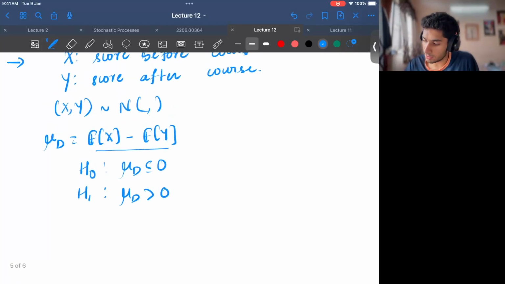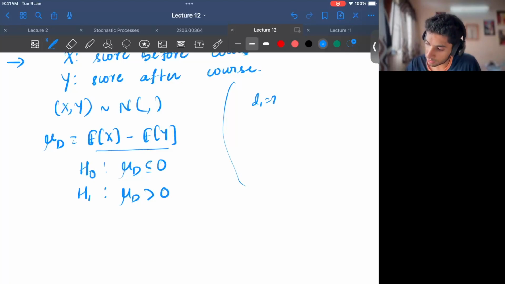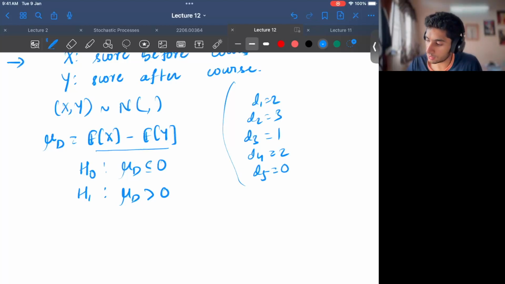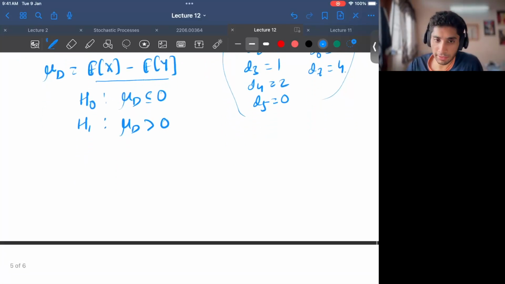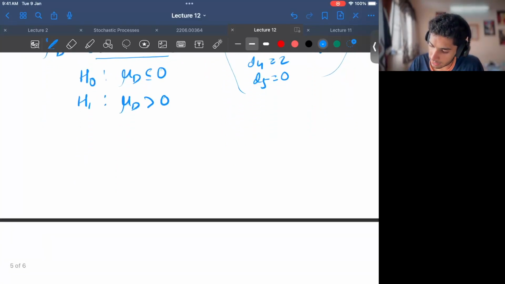Maybe I will write it down here. So what is the data? D1 is 2, D2 is 3, D3 is 1, D4 is 2, D5 is 0, D6 is minus 2, and D7 is 4. Then what is the value of the test statistic?